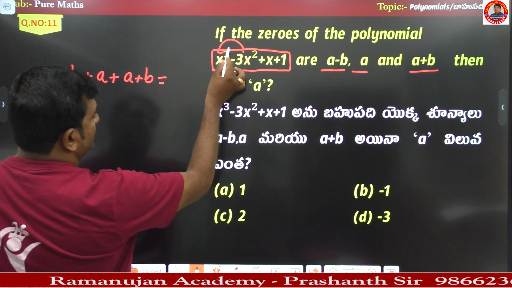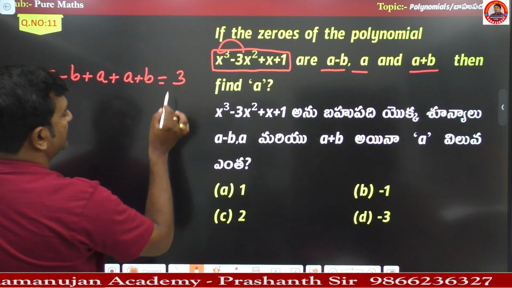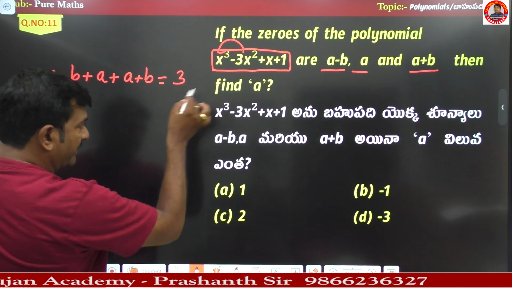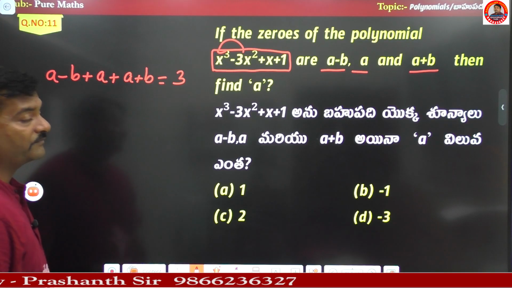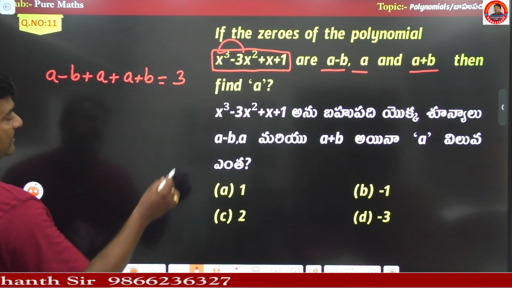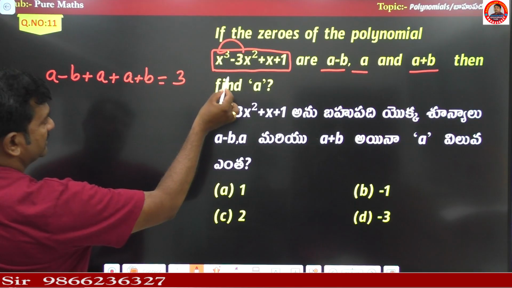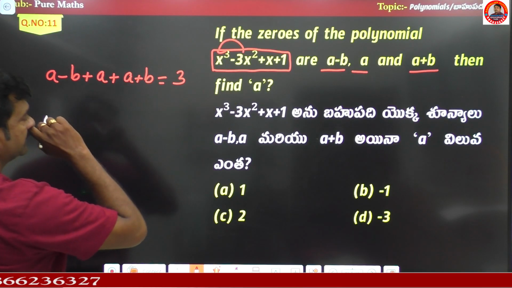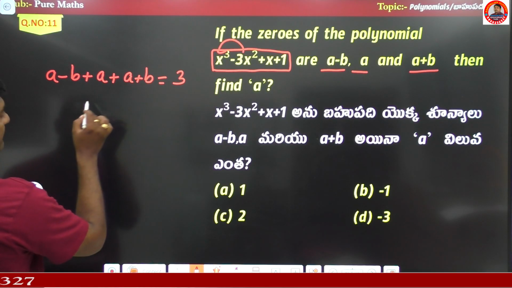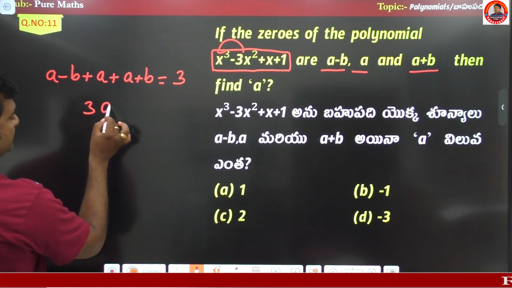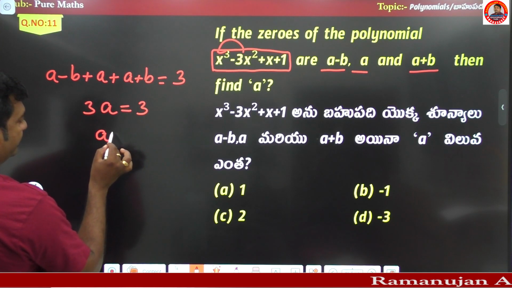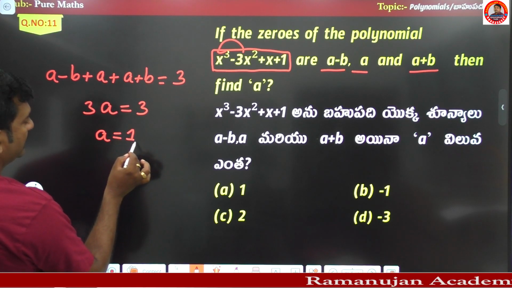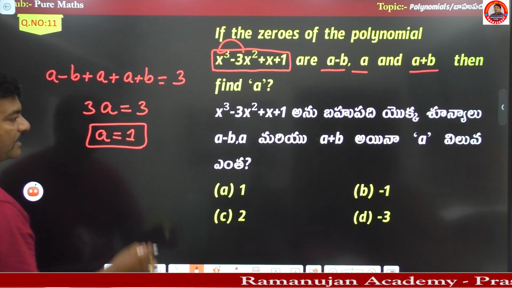Minus of minus 3 means plus 3, by a, where the x cube coefficient is only 1. We are comparing this with ax cube plus bx square plus cx plus d. Plus b minus b cancel. A plus a plus a means 3 times a, which is equal to 3. Therefore, a is equal to 1.